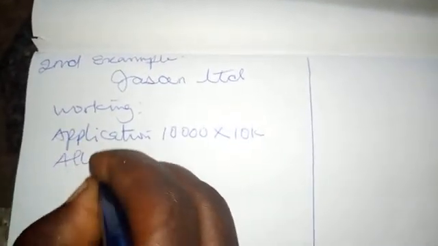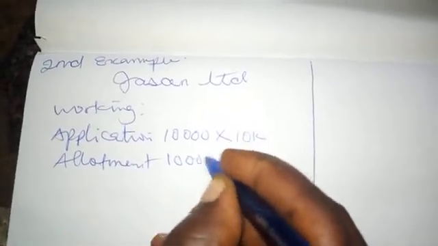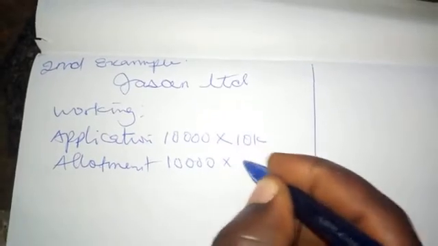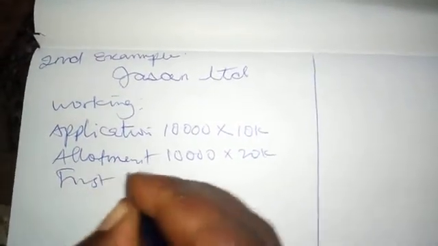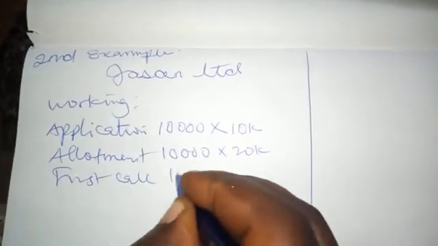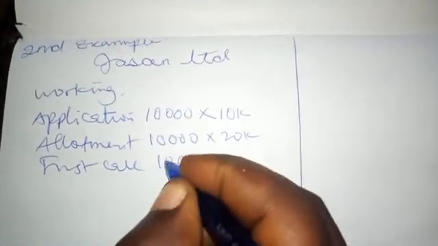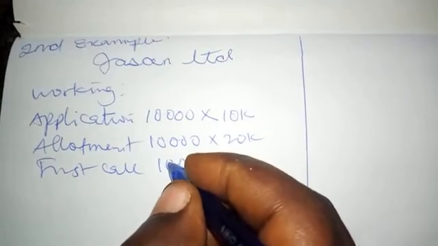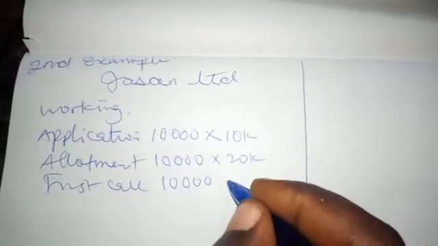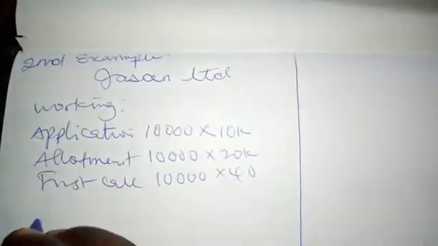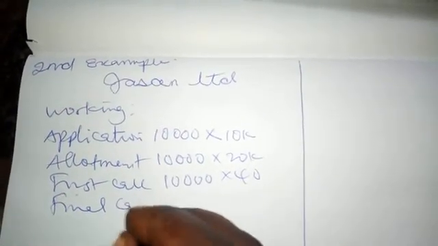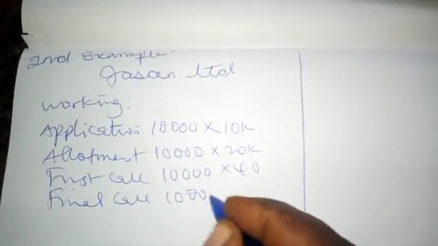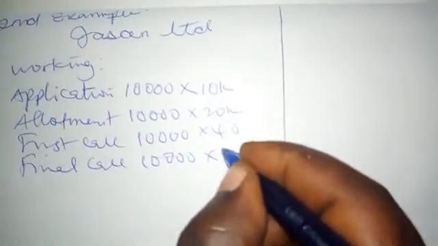It was issued at 20 kobo. First call was issued at 40 kobo. Then final call or second call was issued at 30 kobo.